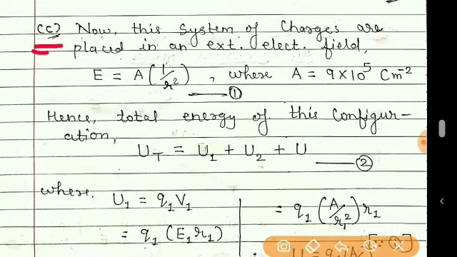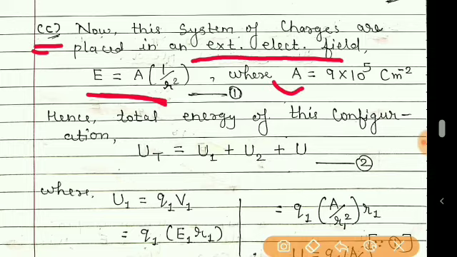Now next is, given that this system of charged particles is kept in an external electric field. Here the electric field is given, E is equal to A into 1 upon r square, where the constant A is given as 9 into 10 raised to 5 coulomb per meter square.